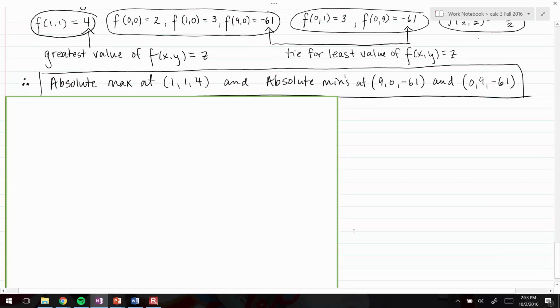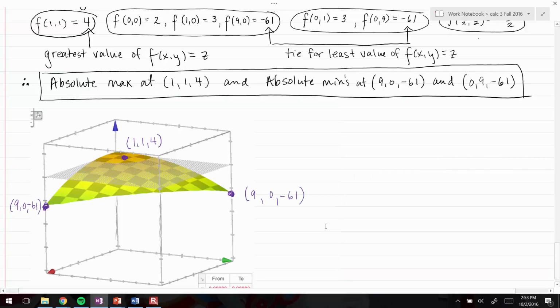I did include a graph, because it's really abstract to just do all this work, so I'm trying to convince you that this makes sense. Here we have our endpoints, and we could have had an absolute max or min on any of these boundaries that form the triangle, at the boundary points, which are 3 of them, or on the actual surface that's bounded.